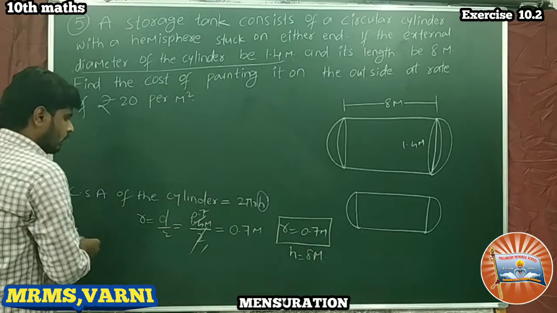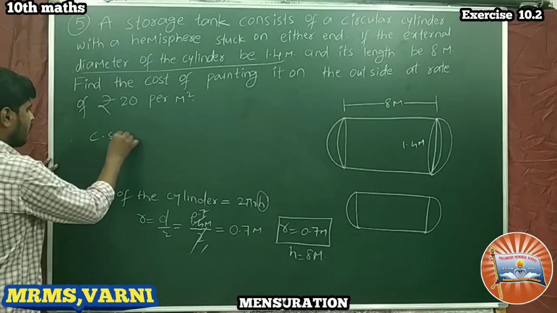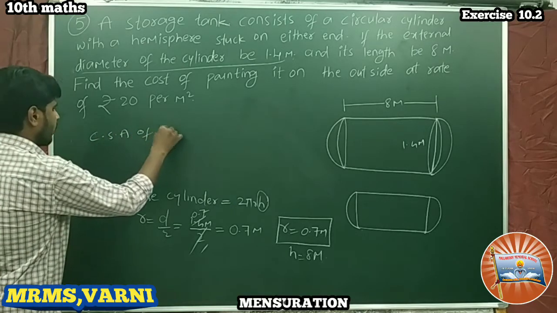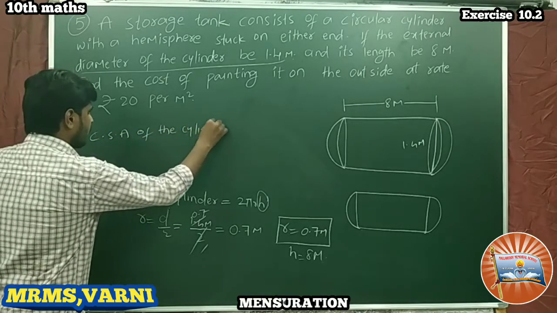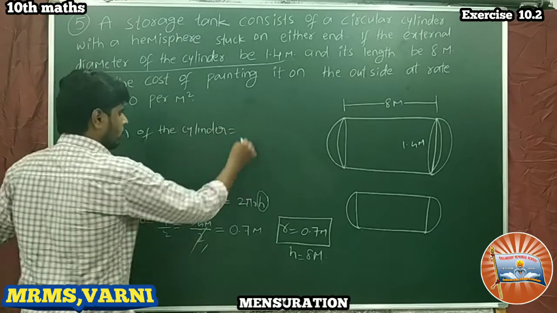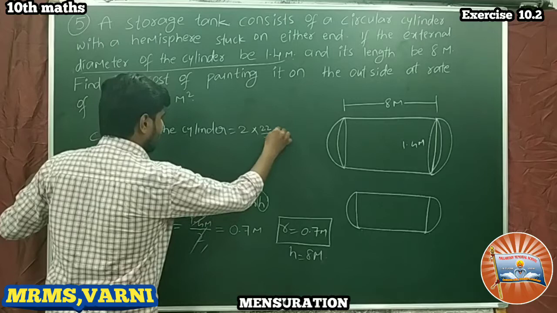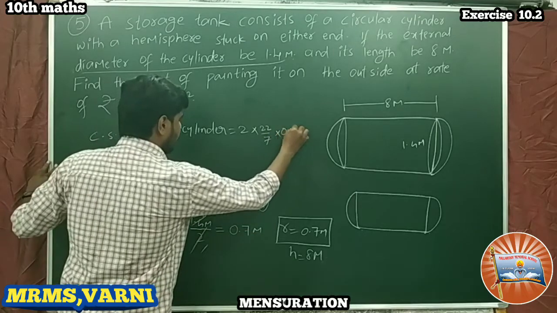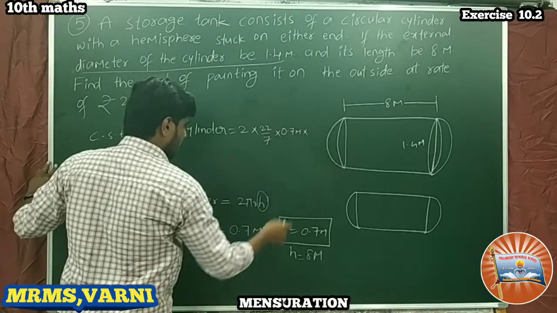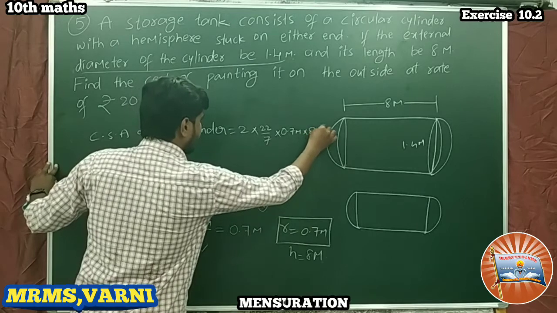CSA of the cylinder is equal to 2 into pi value 22 by 7 into R value 0.7 meters into H value 8 meters.